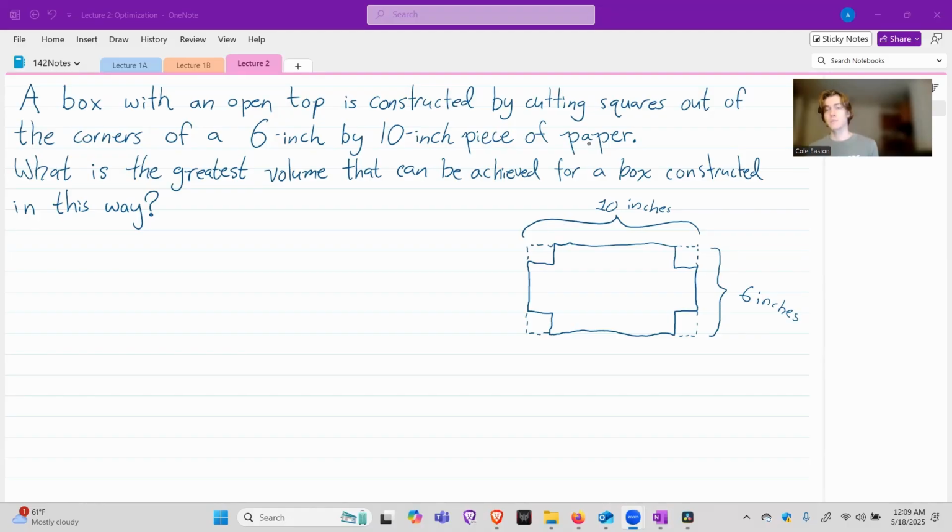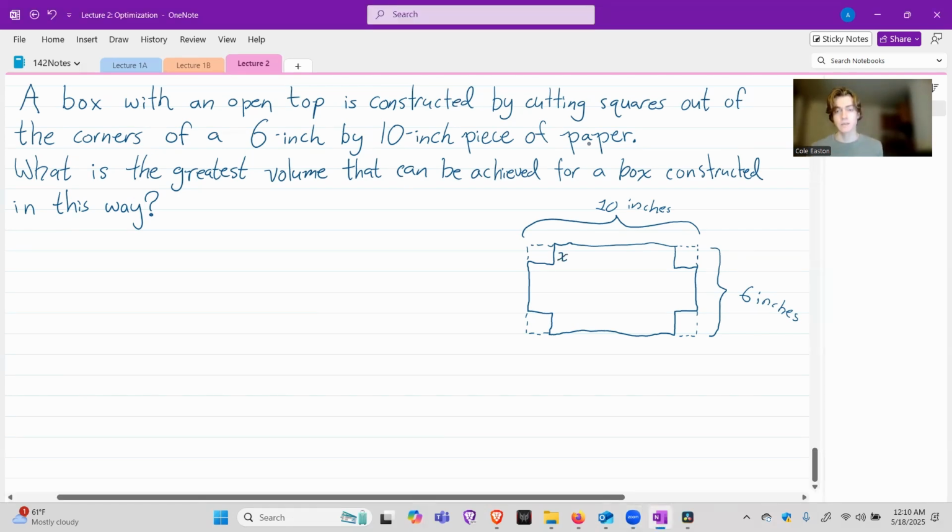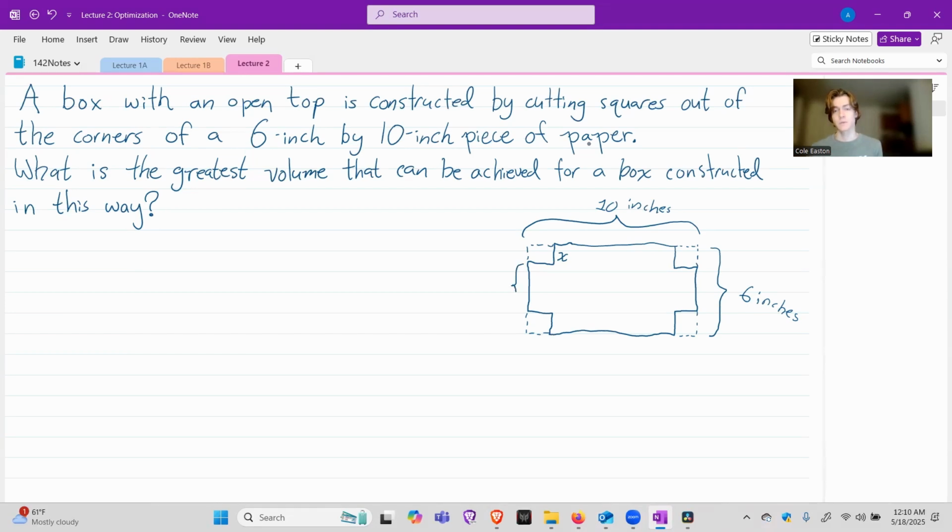We have a diagram here, which is the flattened out version of the box, like we just saw. So if we do what we just explained, and we label x to be the length of this small side here, then what's left over after we take 2 x's out of the 6 inches is 6 minus 2x.